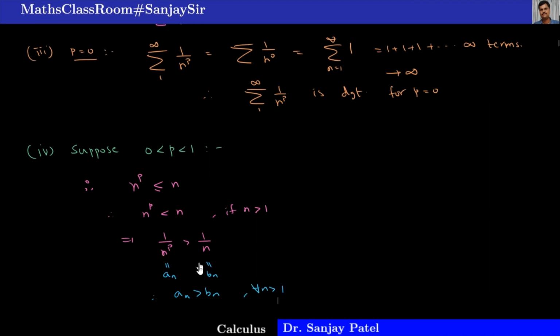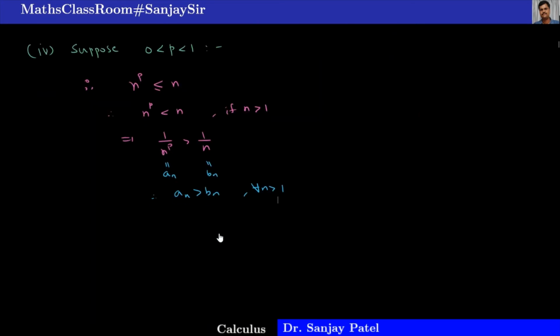So therefore, by comparison test, if sigma Bn is divergent, then sigma An is also divergent. And we know that this series sigma Bn, that is sigma 1 upon n, is divergent.